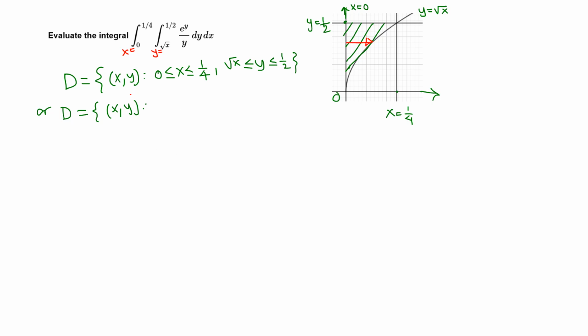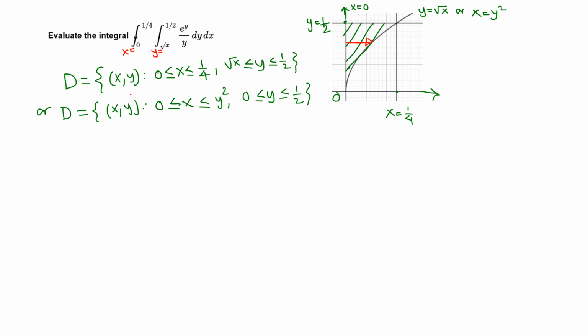In this case x is between 0 and the curve y equals root x. If we square both sides, we get x equals y squared. So x goes up to y squared, and y is from 0 to 1/2.